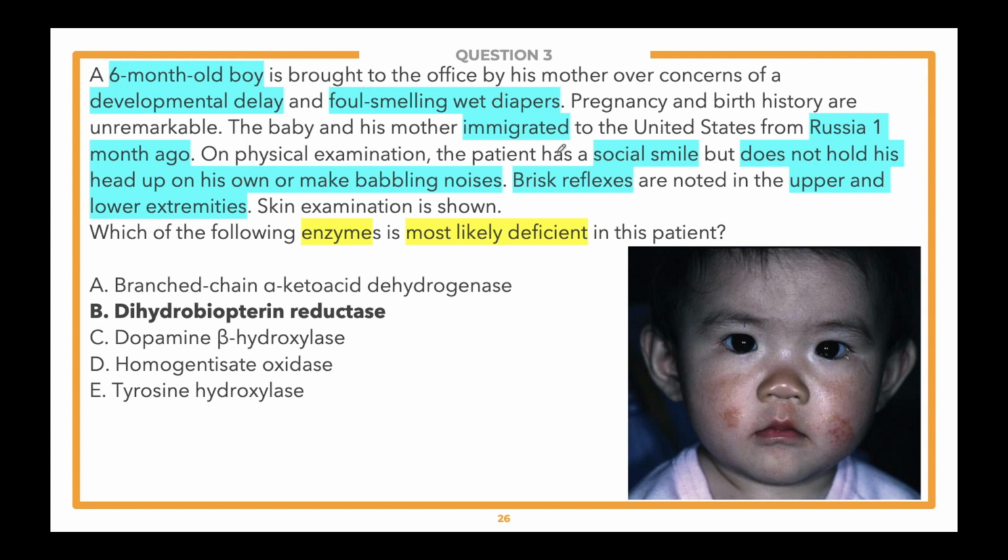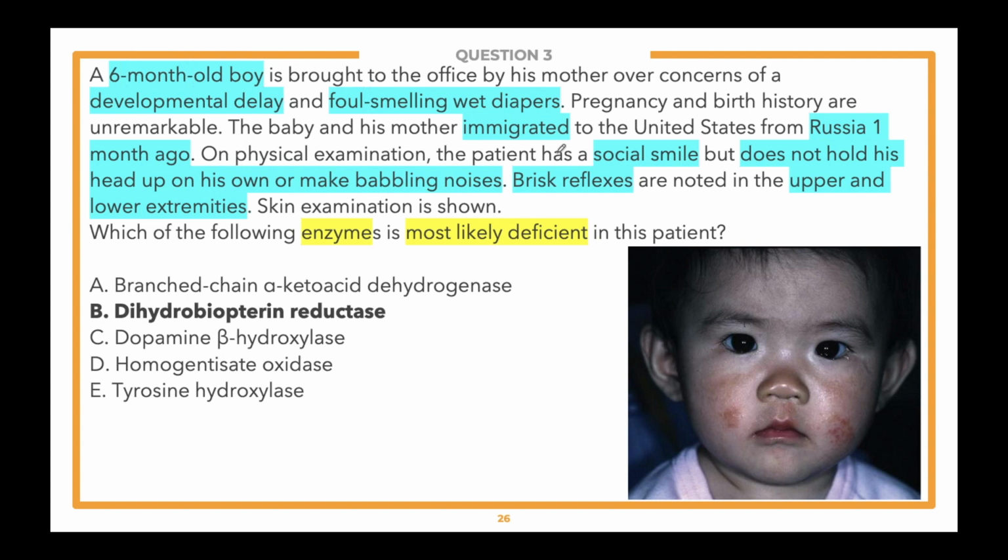If you look at those cheeks, you see this ill-defined erythematous, maybe somewhat scaly rash on the cheeks. Especially in infants, eczema is pretty common on the cheeks. As we start to get older, it starts to move more to the extremities. But in newborns and infants, it's more common on the cheeks. So we have this eczematous rash and these other signs and symptoms.